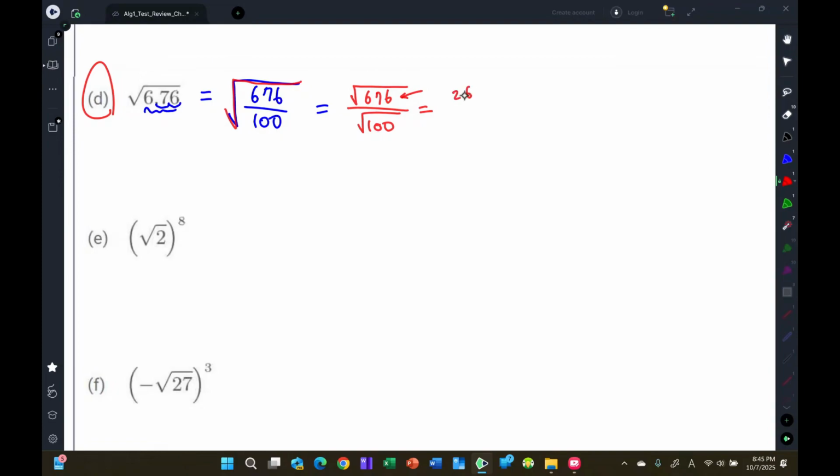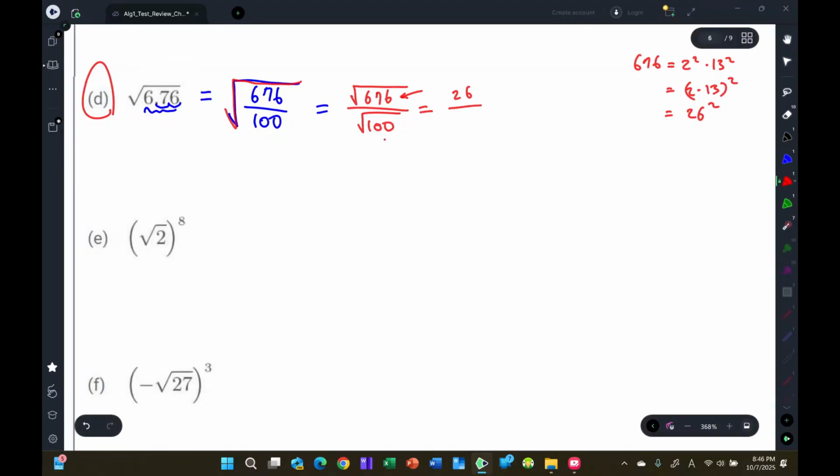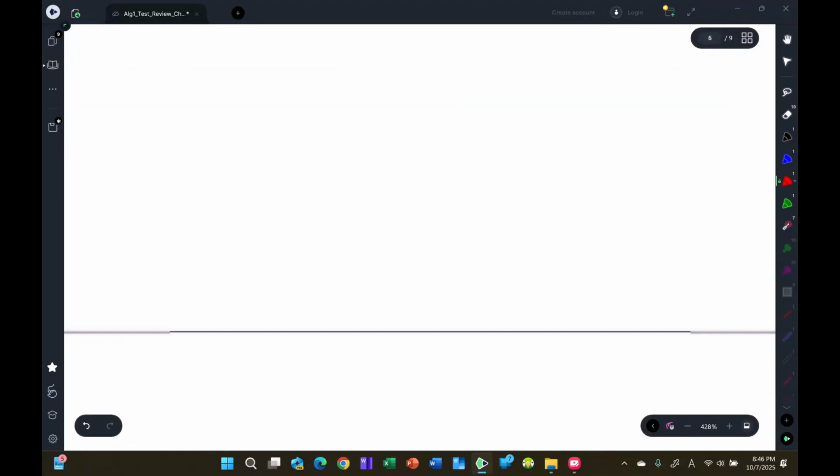So it'll be 26. If you doubt, you can run prime factorization, by the way. 676 is 2 squared times 13 squared, by the way. And that's the same thing as 2 times 13 squared at the same time. And that's 26 squared. Okay? So this is 26. And we know that root 100 is the same thing as what?